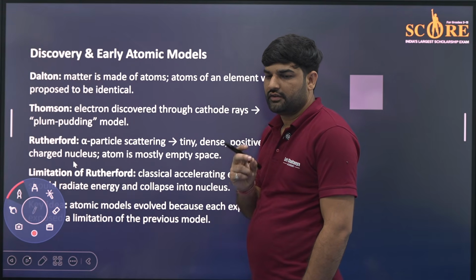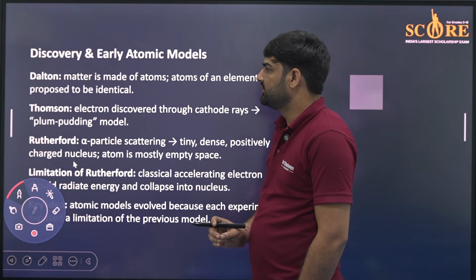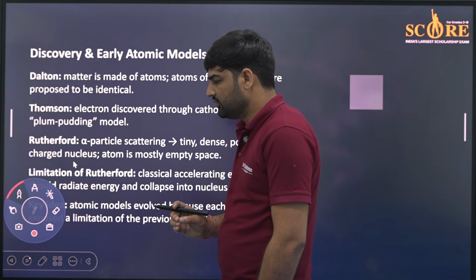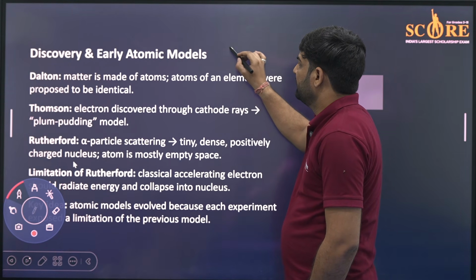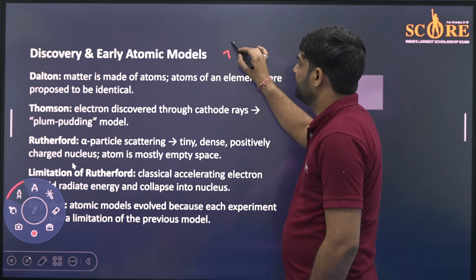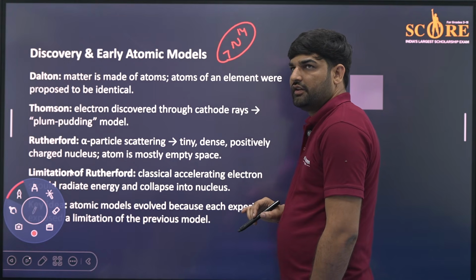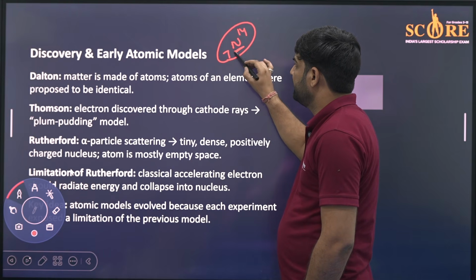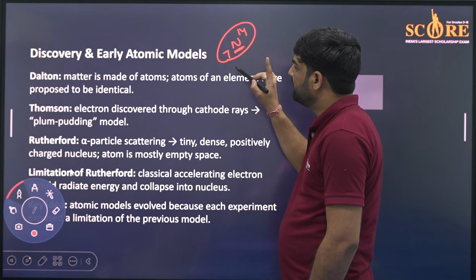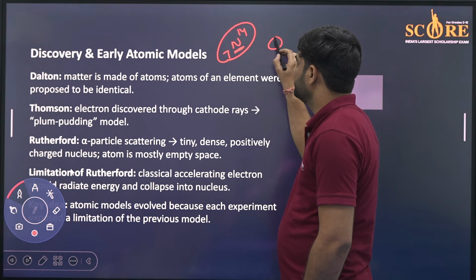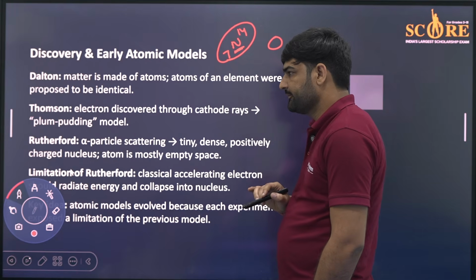According to Dalton, elements are made of these atoms. He also said that atoms of the same element are identical. It means if the element is nitrogen, then this element is made of nitrogen atoms only. If the element is oxygen, then it is made only of oxygen atoms.